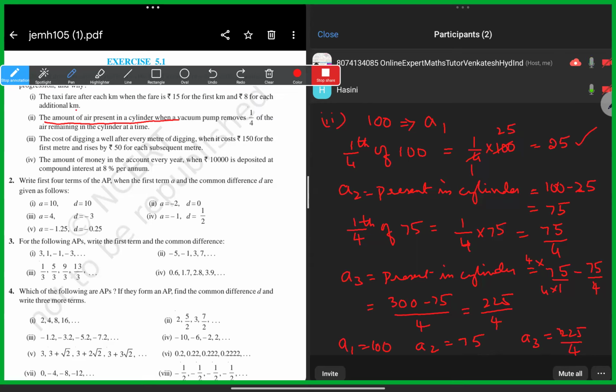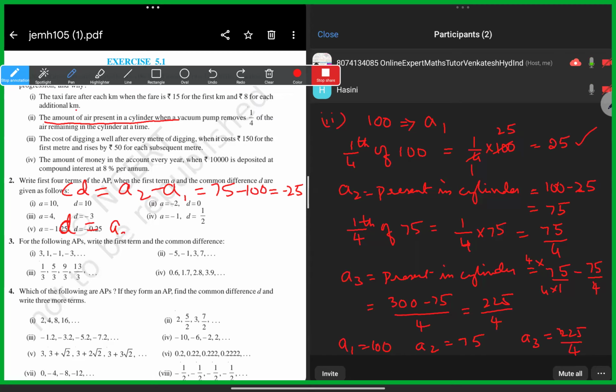Yes, sir. Now I'm checking whether the situation follows an AP or not. First I find the common difference, that is A2 minus A1, which is 75 minus 100, which is minus 25. Now the second common difference. Common difference we can represent simply with D, or CD. We already discussed that.